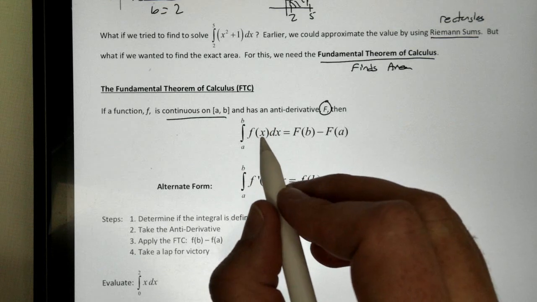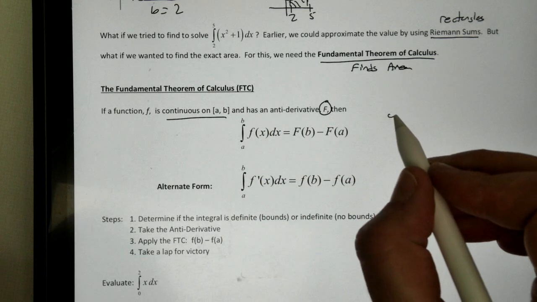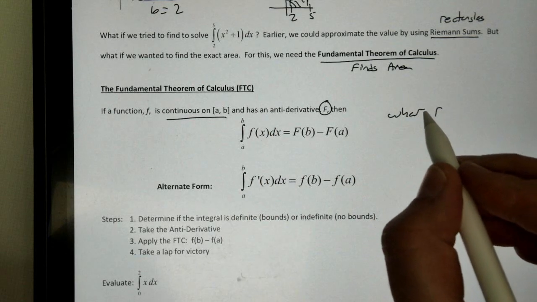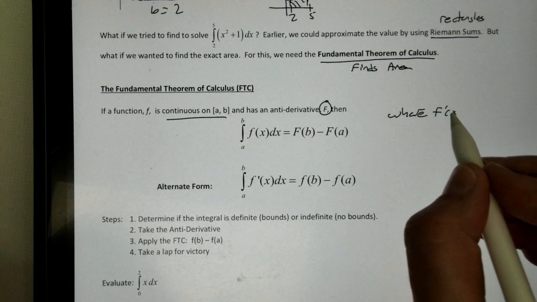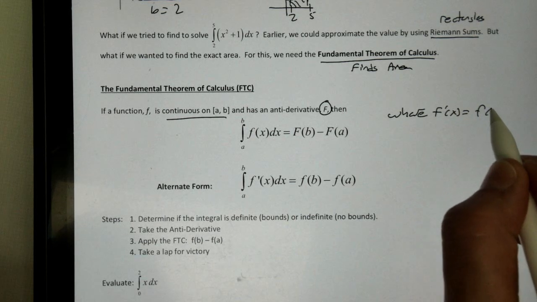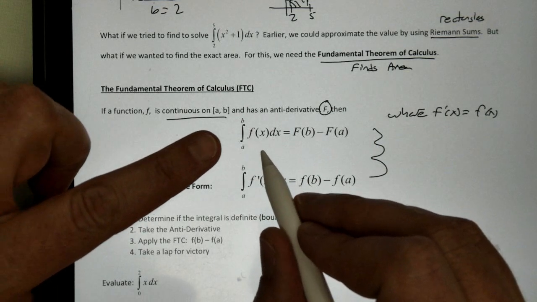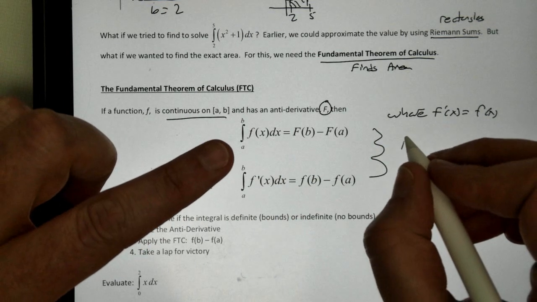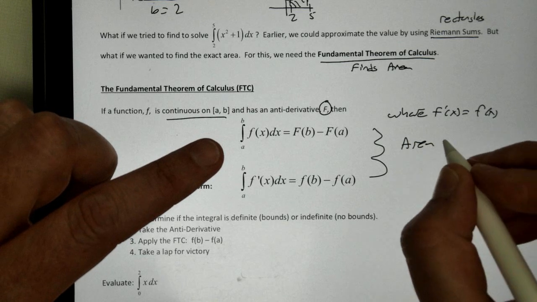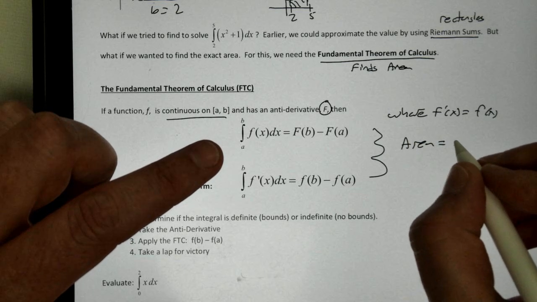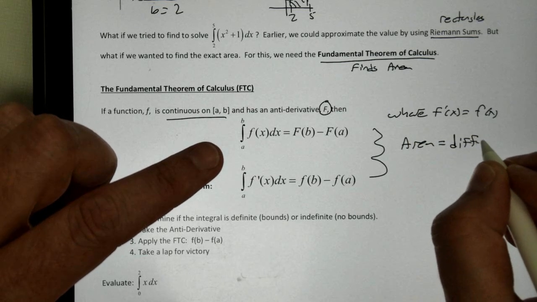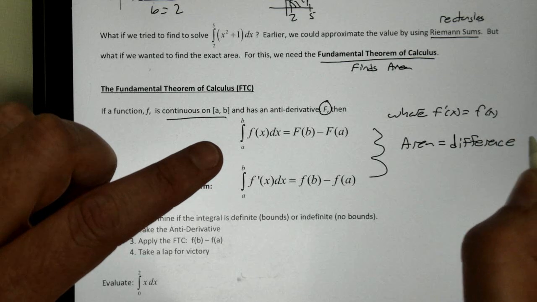Now this is one way we can write it, where in the first case we say f prime of x is just little f of x. Both of these just say that to get the area, we just need to find the difference in the values of a function.